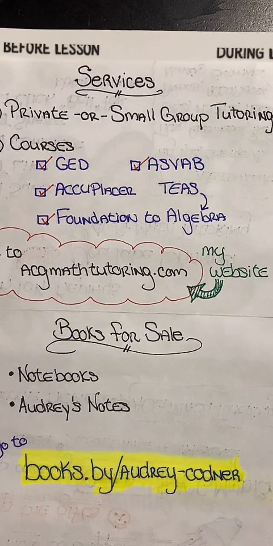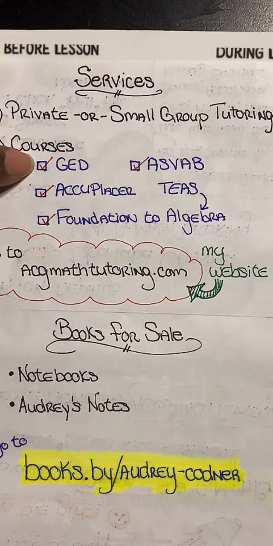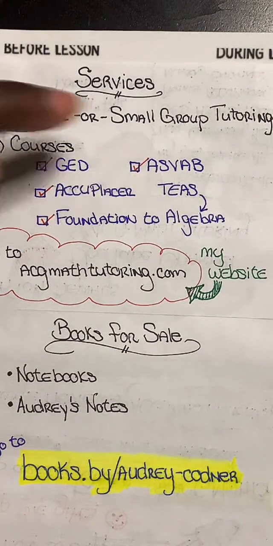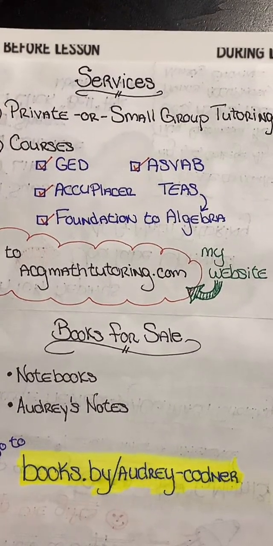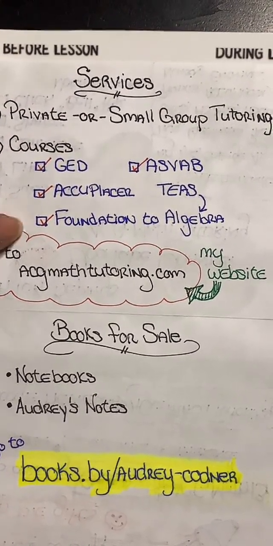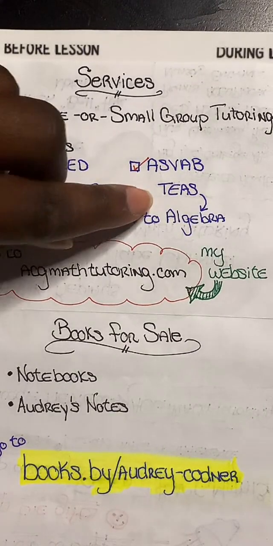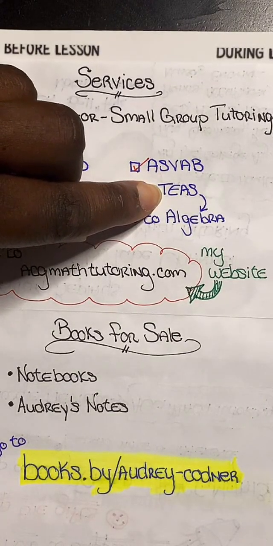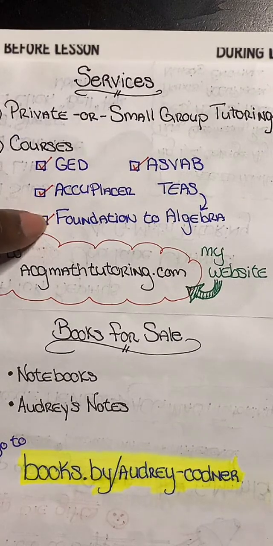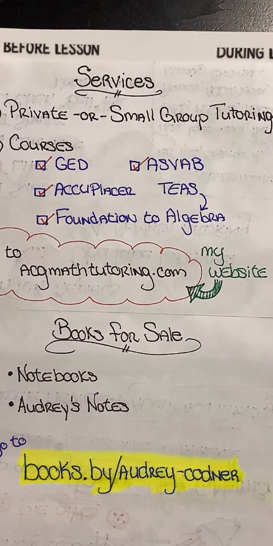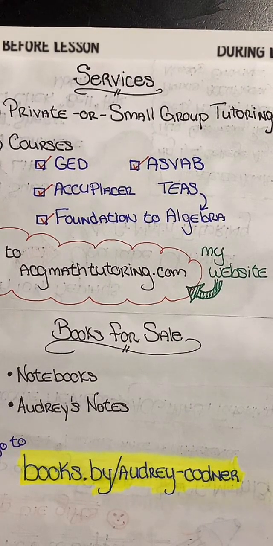It's basically a lot of the same stuff. And then there's one for GED, one for ASVAB. So if you're just doing math just to do math, the Foundations to Algebra. If you're doing the TEAS exam and you need help with the algebra, the Foundations to Algebra will help you as well. That will also go for those that are trying to be an electrician apprentice, the IBEW.